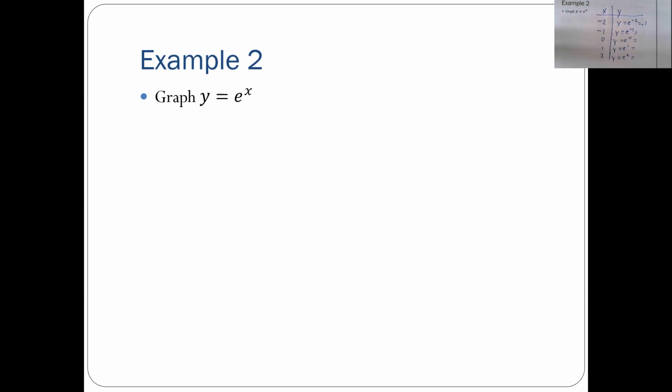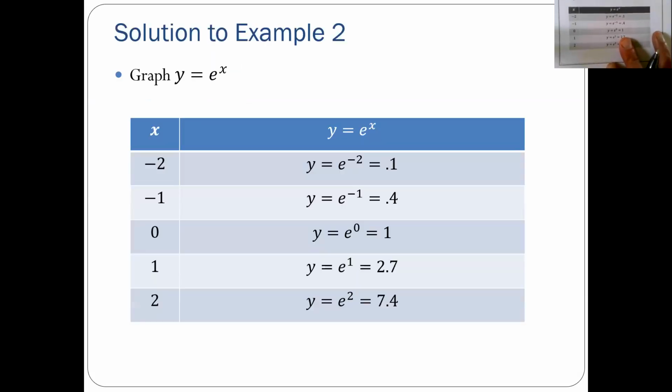So I'm going to go to the PowerPoint slide, and you're going to see that's what you're going to get if you complete the chart: 0.1, 0.4, 1, 2.7, and 7.4.